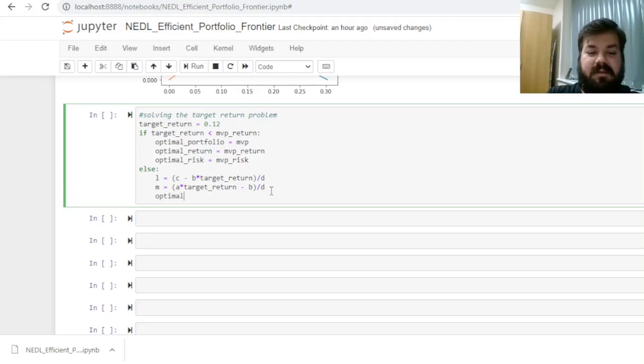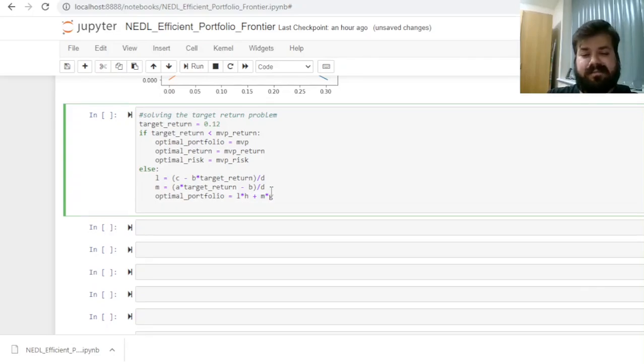And finally, our optimal portfolio can be expressed as L times H vector plus M times the G vector. And obviously, optimal return can be calculated as the sum product of the optimal portfolio and the returns. So NumPy sum of optimal portfolio times returns.